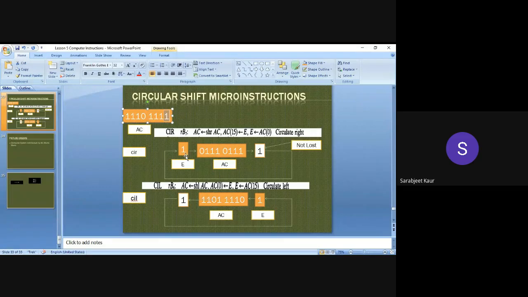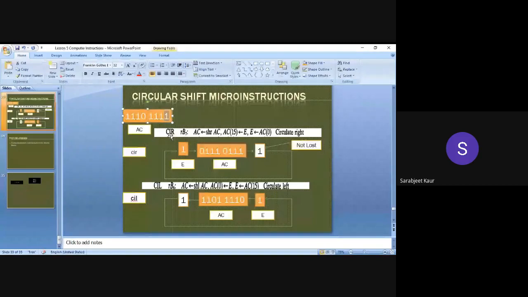This bit that is falling from here is actually brought here to take the place of E, and to make its place, the bit in E is shifted into the accumulator. You can see this listed in the micro operations here. CIR is a machine instruction which consists of so many micro operations, that is micro instructions.